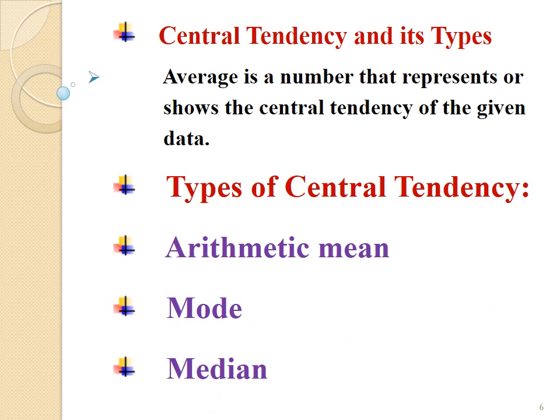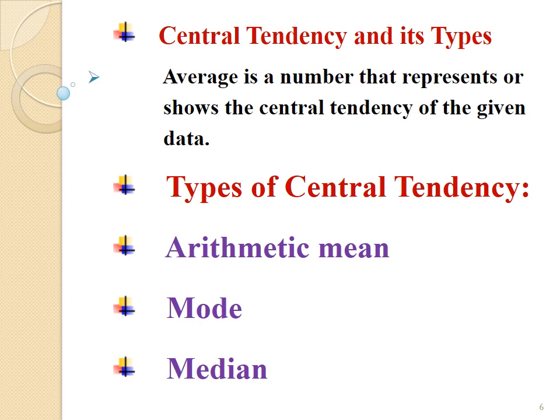Central tendency. In day-to-day life, we usually use the word average. For example, average marks, average temperature, average age of students of class 7, etc. If we say that the average age of class 7 students is 10 years, it does not mean that the age of each student in the class is 10 years.